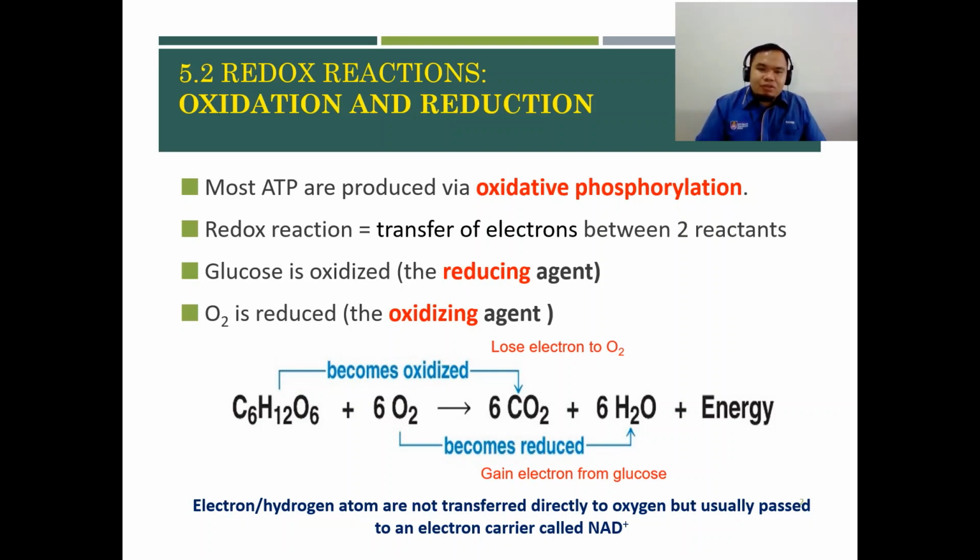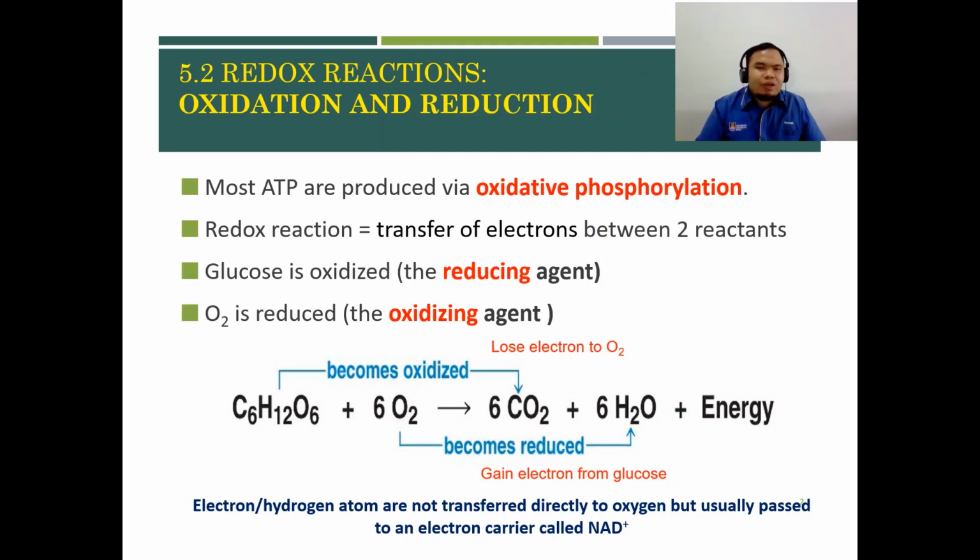I'm sure most of you have heard of OIL RIG, which most of you learned: oxidation is loss of electrons, reduction is gain of electrons.